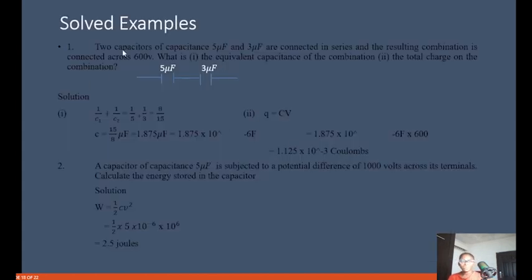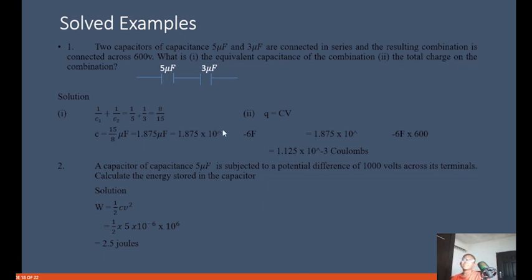So, example: two capacitors of capacitance 5 microfarad and 3 microfarad are connected in series, and the resulting combination is connected across 600 volts. 1. What is the equivalent capacitance of the combination? And 2. The total charge on the combination.